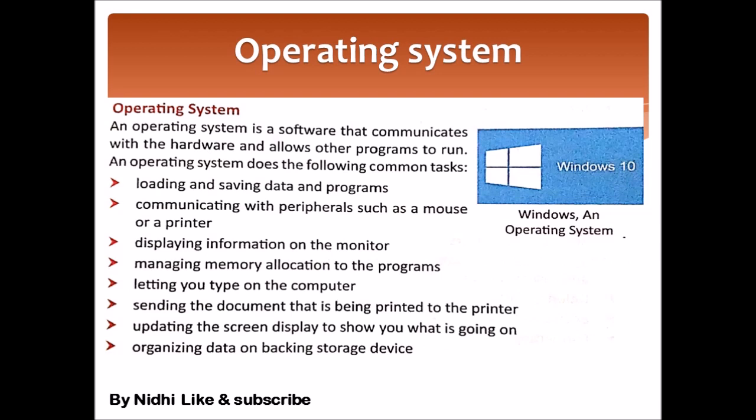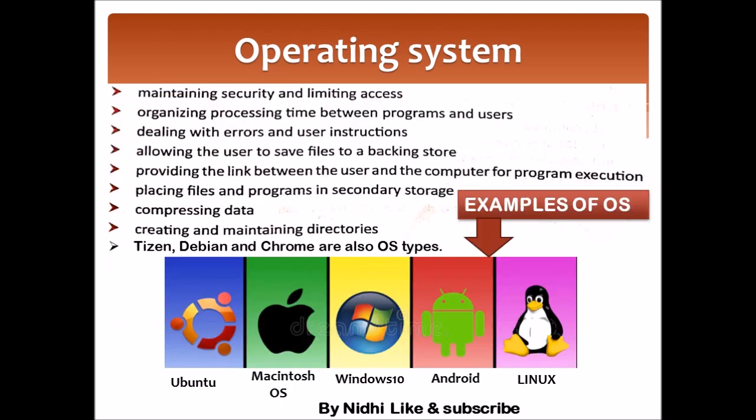It also helps in updating the screen display to show you what is going on, organizes data on backing storage devices. It also maintains security and limits access, organizing processing time between programs and users. It also deals with errors and user instructions.